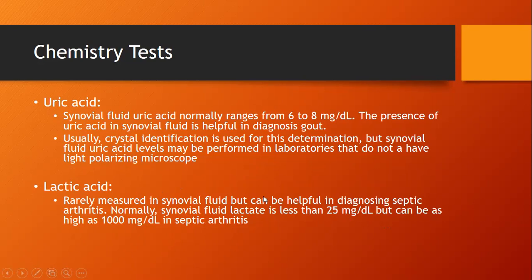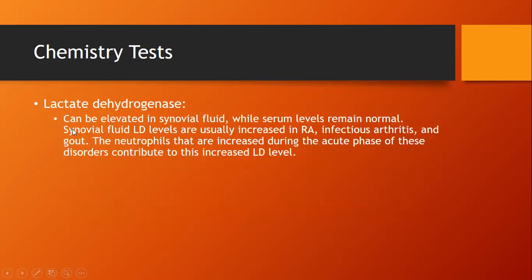Normally your lactate level in the synovial fluid is less than 25 milligrams per dl, but can be as high as 1,000 milligrams per dl in septic arthritis. Also, we can do lactate dehydrogenase determination. This can be elevated while serum levels remain normal. It is usually increased in rheumatoid arthritis, infectious arthritis, and gout also.